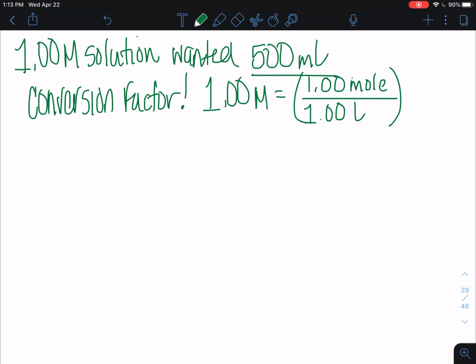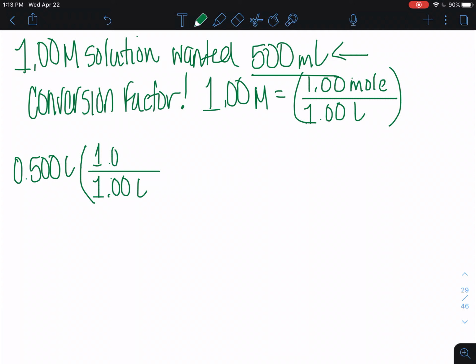What you would do is start with 0.500 liters, because I have to express this in terms of liters. We can use our molarity as a conversion factor: for every 1.00 liter, we get out 1.00 mole. This is pretty obvious, but I'm just taking you through it. So liter cancels, and our answer is left in moles.